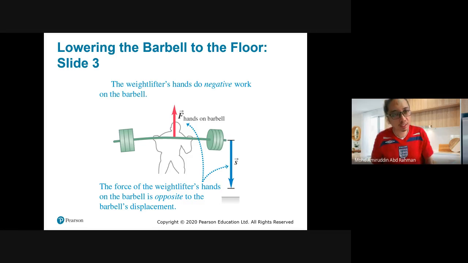He does negative work when he's pulling up the barbell, where F is in the reverse direction of S. So that's the difference. The force of the weightlifter's hand on the barbell is opposite to the barbell's displacement.